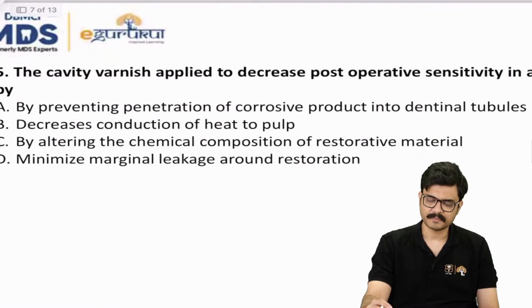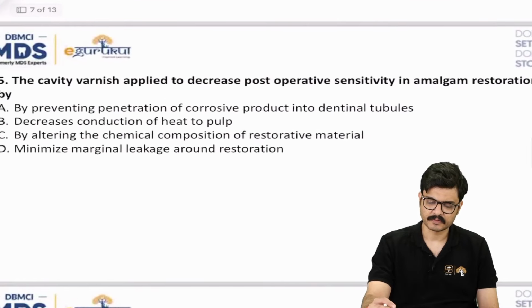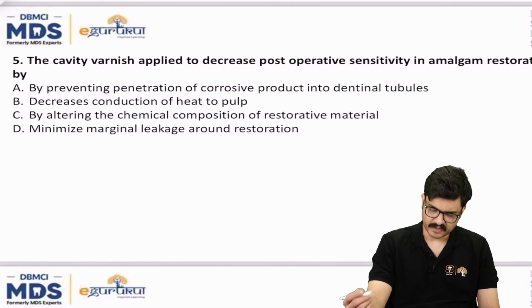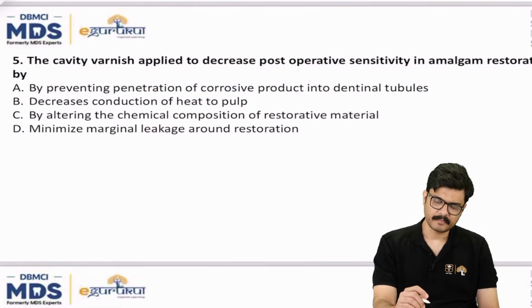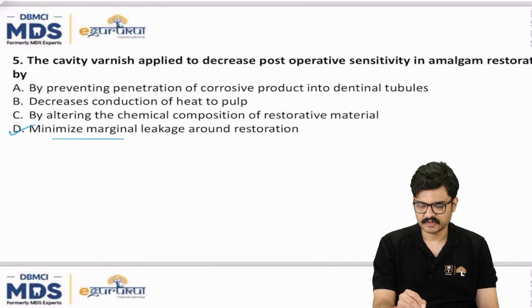The cavity varnish applied to decrease post-operative sensitivity in amalgam restorations. How does it work? Now, guys, one is it decreases microleakage. So the answer is D. It minimizes microleakage, marginal leakage around the restoration. That's one.